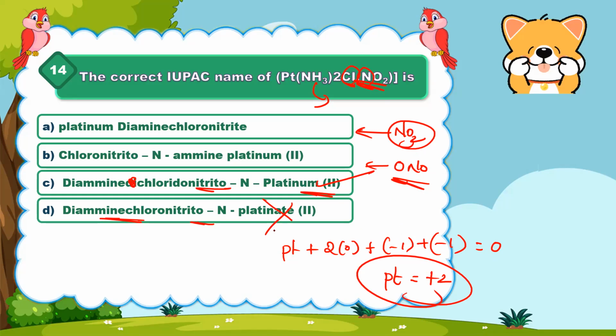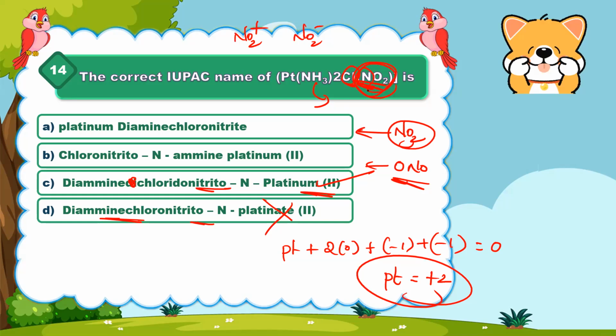And coming to this, I want to tell you one more point here. NO2 is present. NO2 can act as a positive ligand as well as a negative ligand. Ma'am, when should I consider it as positive, and when as negative?